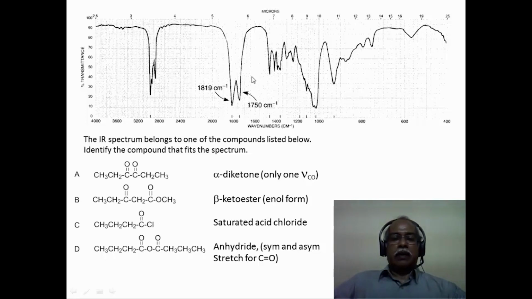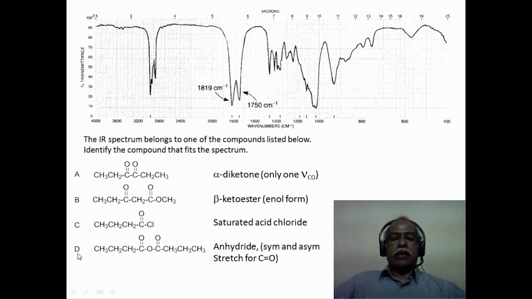Remember, the anhydride gives two stretching frequencies, one corresponding to the symmetric, the other corresponding to the asymmetric stretching frequency. So when you see a band like this around the 1800-1750 region, definitely it is because of an anhydride. So one can straight away rule out the possibility of A, B, and C for the spectrum.